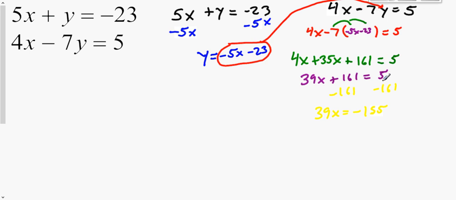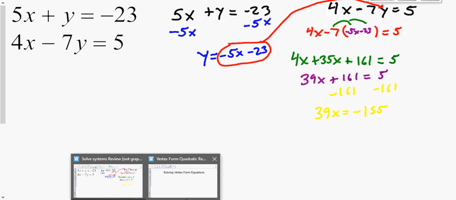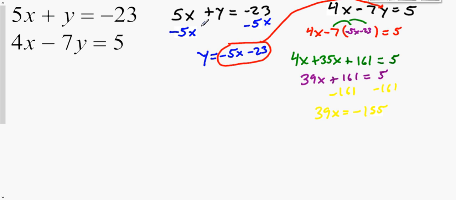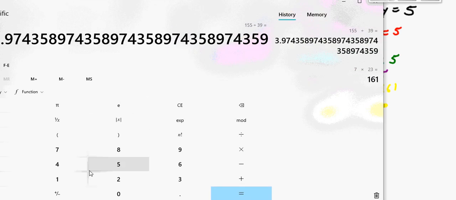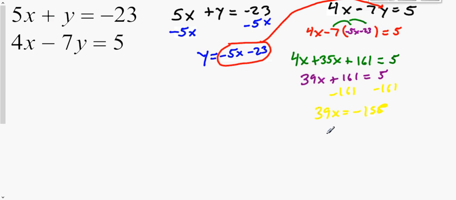Oh, I did it. It's 156, not 155. That's 156. So 156 divided by 39 is 4. Perfect. Alright. Sorry about that.